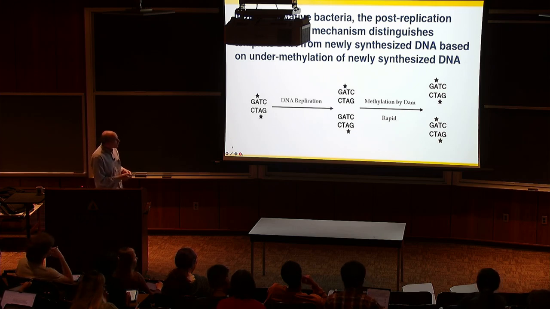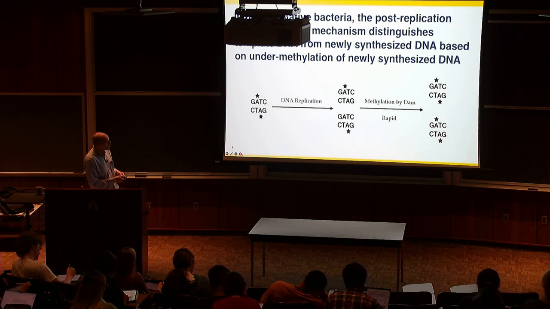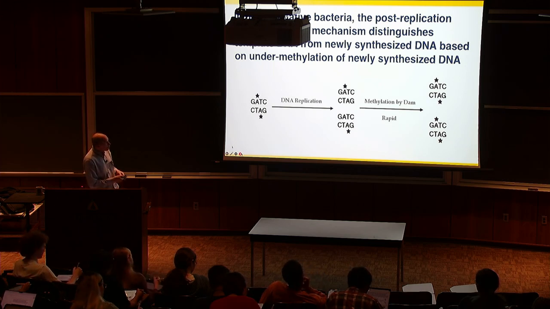Okay, so after a few minutes, the newly synthesized DNA is doubly methylated, because this enzyme will find the hemimethylated sites, which are its preferred substrate, and put a methyl group on that adenine. So it restores the original arrangement.